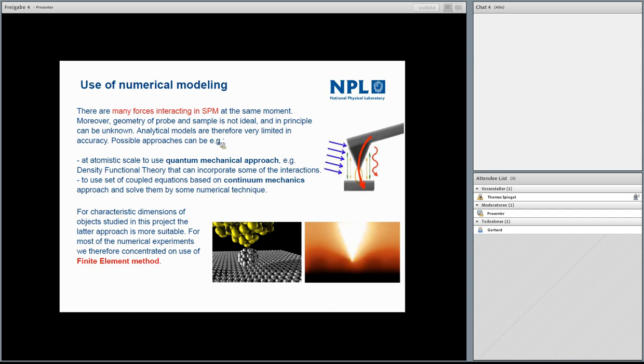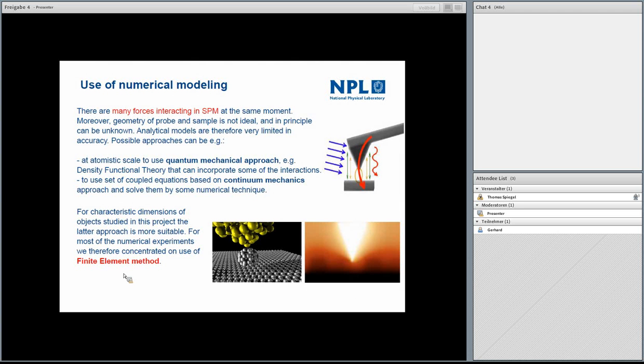So the best way to deal with this will be to couple the experimental method with simulation techniques, and they can be as sophisticated as a quantum mechanical approach, or more continuum-based, like a finite element method.